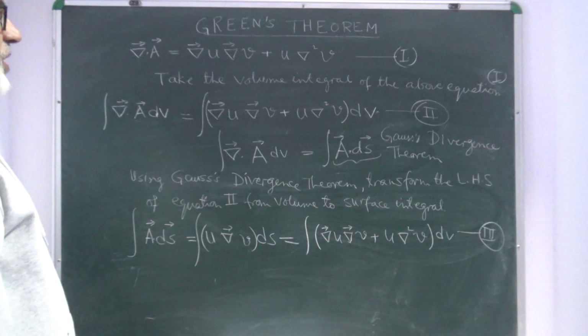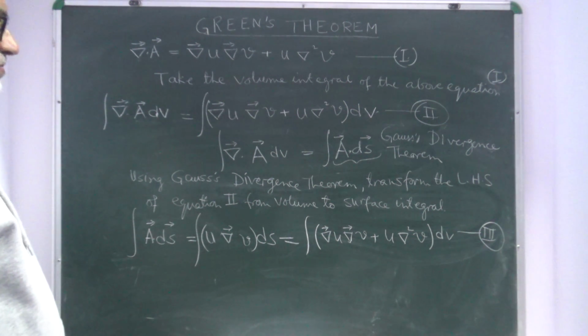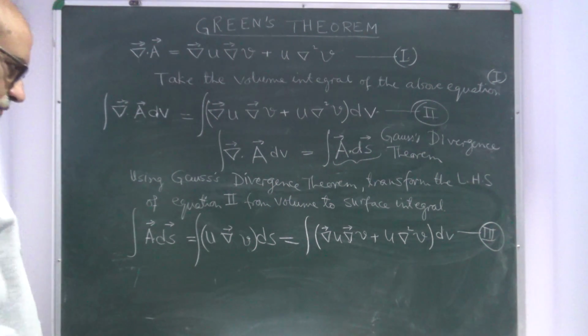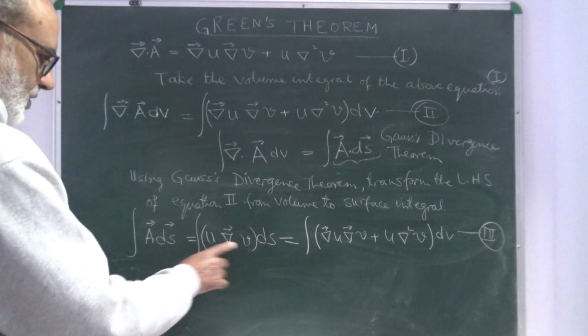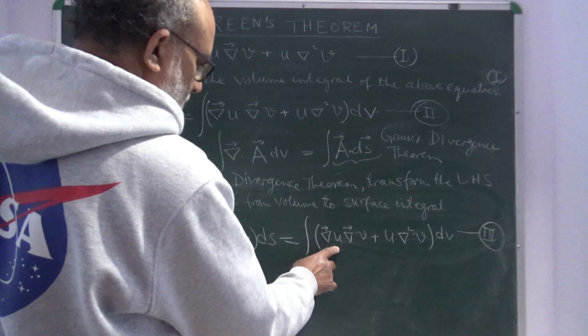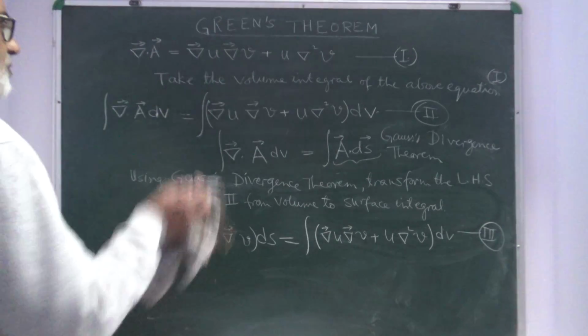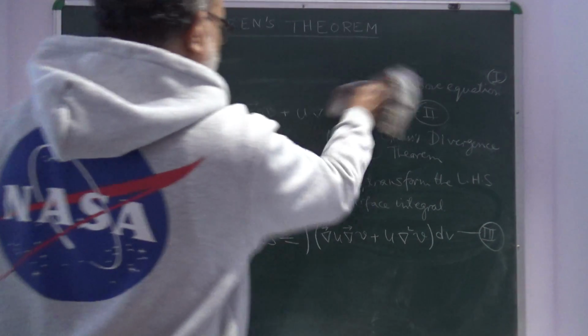Now u and v are two arbitrary scalar fields, so we can replace u by v or v by u. If we replace u by v, here it will be v, this will be u, this will be v, this will be u. So replace u by v.